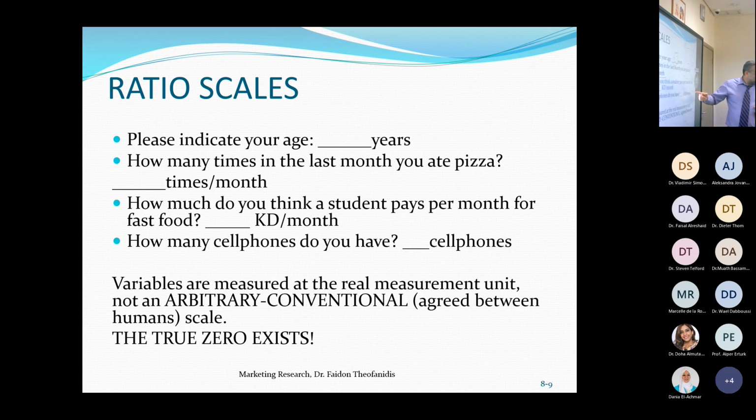In interval, if we have equal distances, and I selected 40 to 50, you selected 30 to 40, and you selected 20 to 30, then I know the difference.